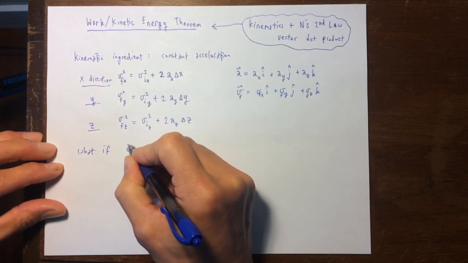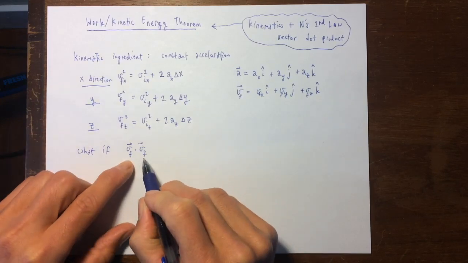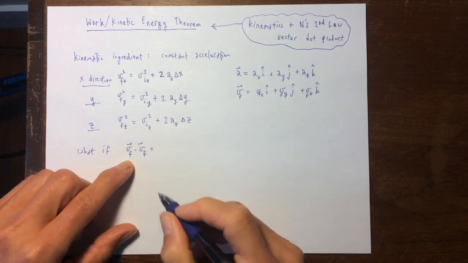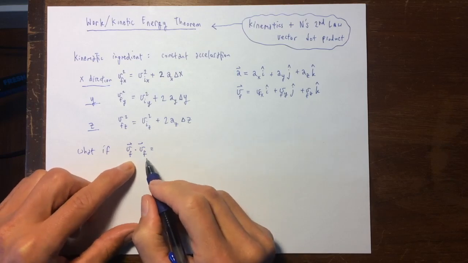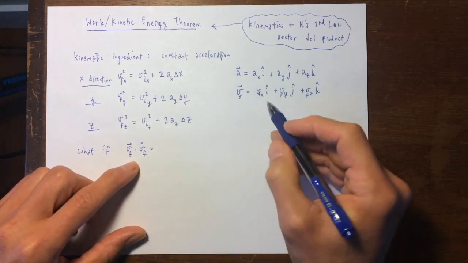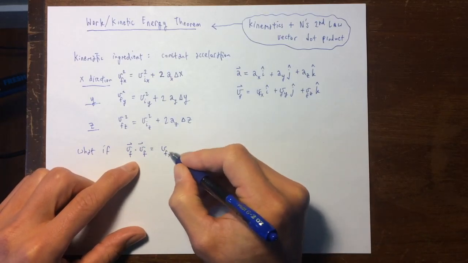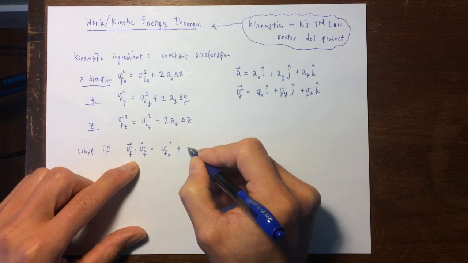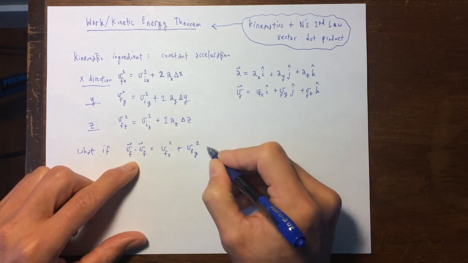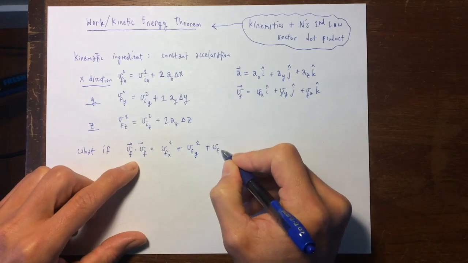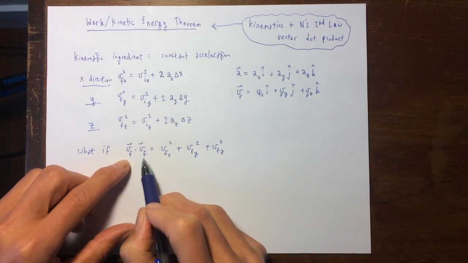So v final dot v final. So this is the vector dot product. And you know how vector dot products work out. I hope you do. If not, you can go review. But what this does is it just takes the x component and squares it, adds it to the y component squared, and the z component squared. That's what v final dot v final is.